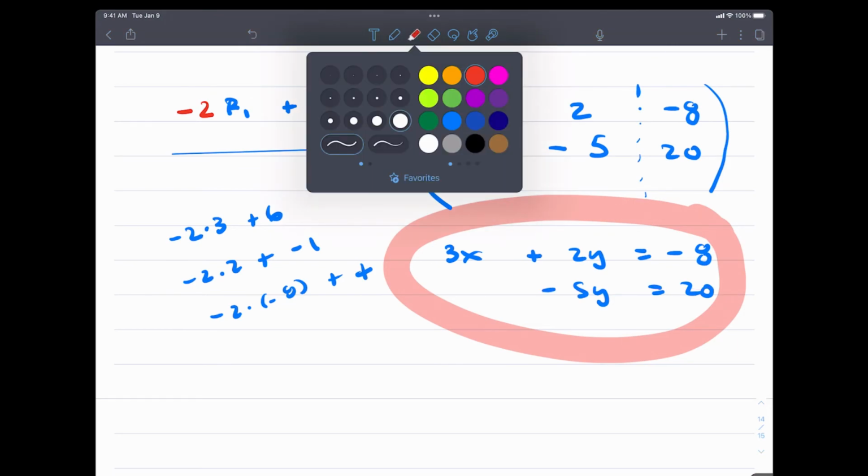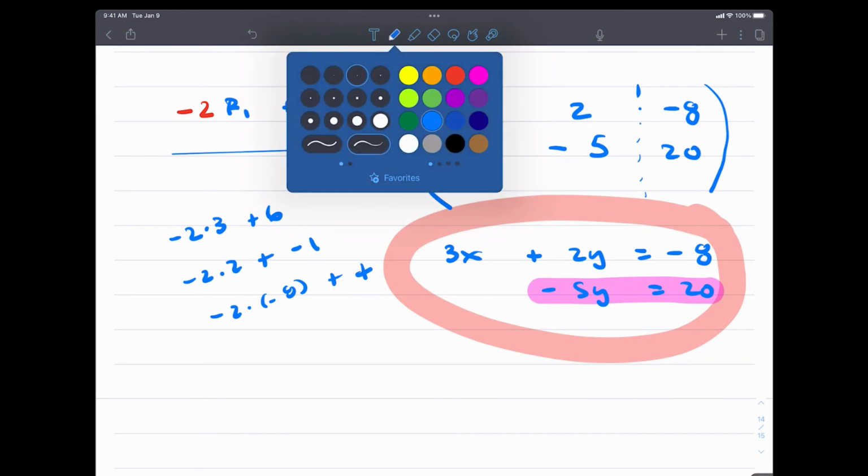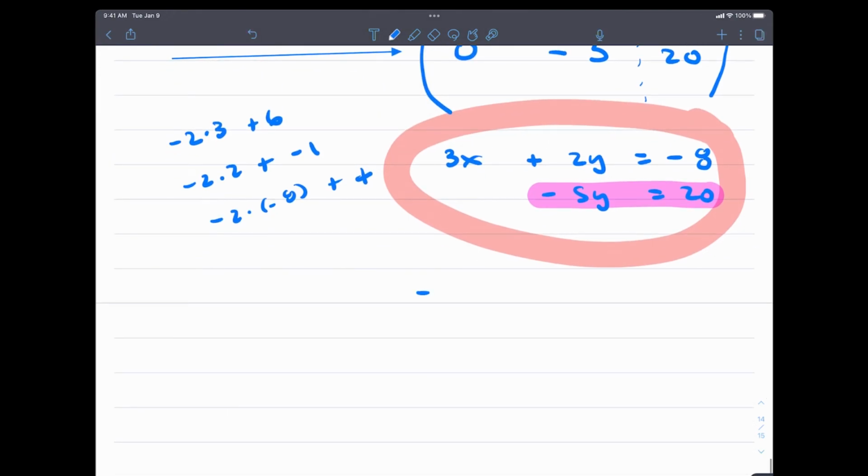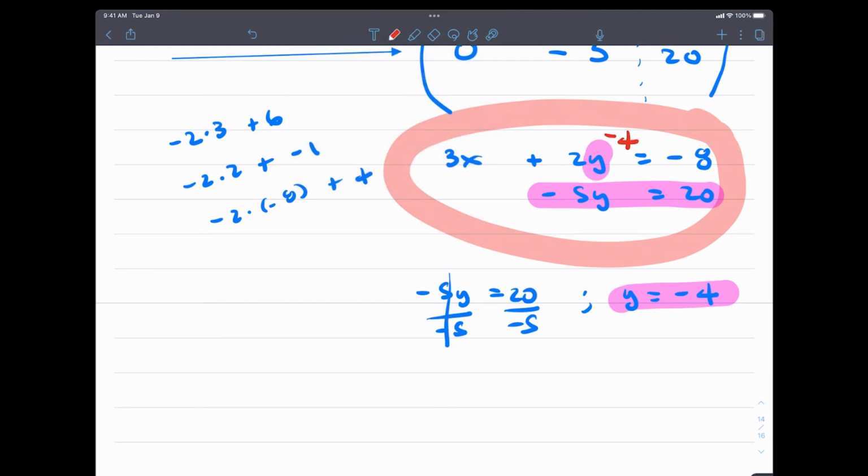We've got to solve for that y first, meaning -5y equals 20. When I divide both sides by -5, we get cancellation. It's -4 for y. That y here is going to be -4.